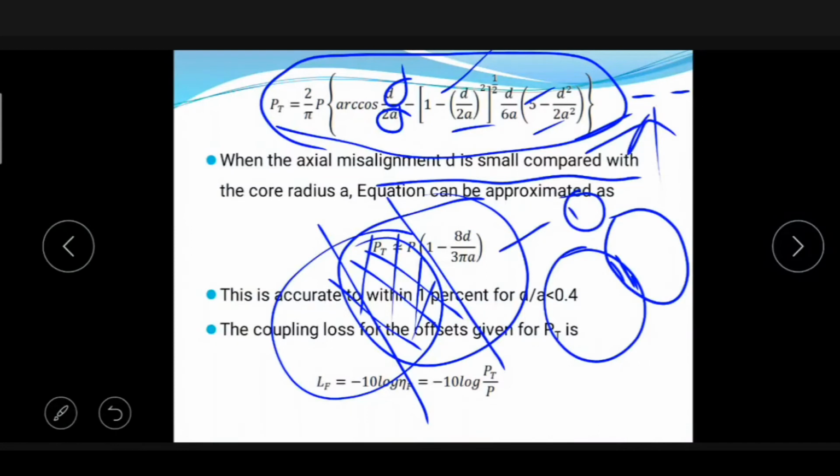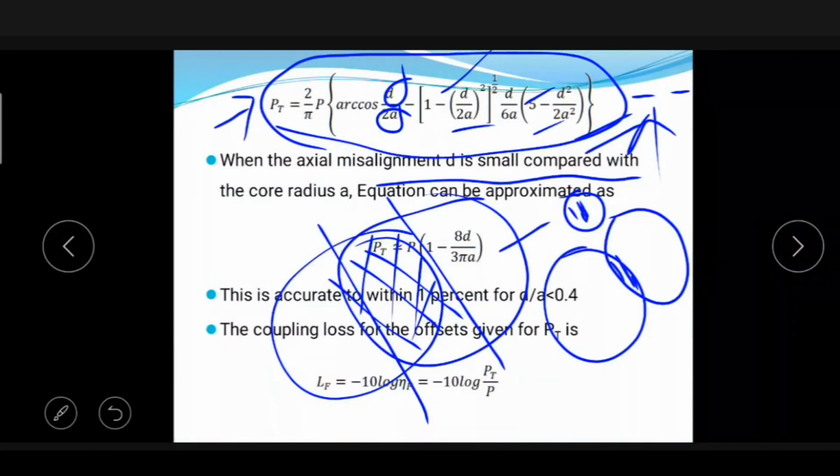Direct equation, Pt is equal to P into 1 minus 8d by 3. So whenever a problem is given, if the misalignment is very small, you have to make use of equation 1, this equation. If the misalignment is more, then you have to make use of this equation.